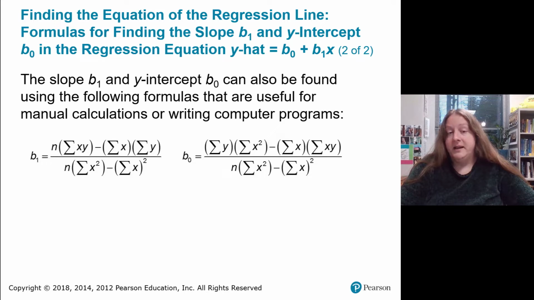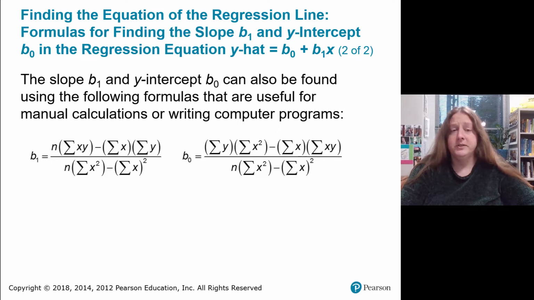Now, if you haven't done that work and you don't have to do that work, then this is your better way to go, because then you can bypass having to find r. This is also the way computers work. It's the way to program it into a computer, a little bit more streamlined. So we have formulas for b1 and b0.